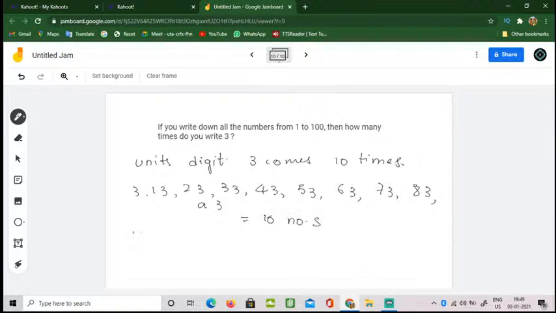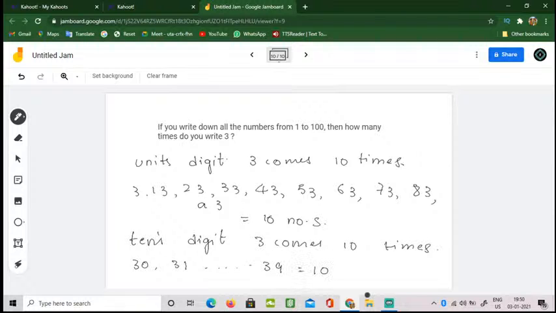And in the tens digit, 3 comes 10 times. It is from 30, 31 and so on till 39. If you count all these numbers, you get 10.